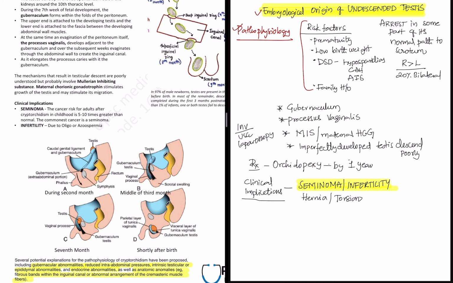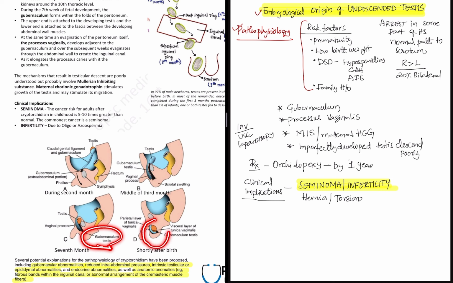Okay, this is the gubernaculum. At the same time, the peritoneum is also forming the vaginal process, or processus vaginalis. You have the gubernaculum and the processus vaginalis. Slowly the testis descends into the scrotum, carrying the processus vaginalis and gubernaculum along with it.